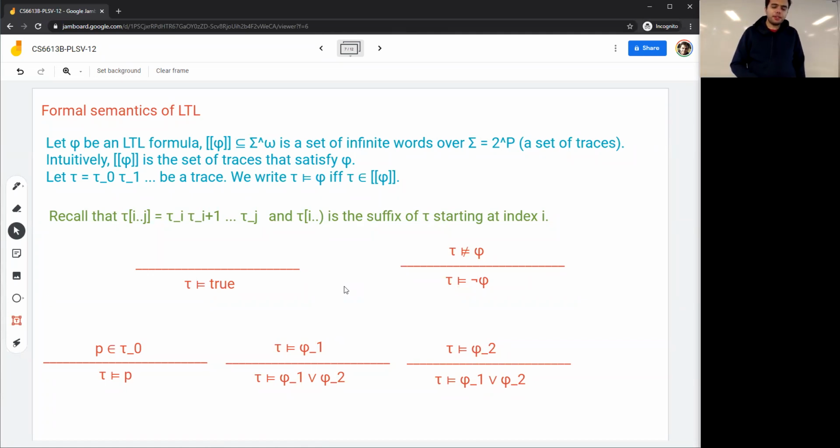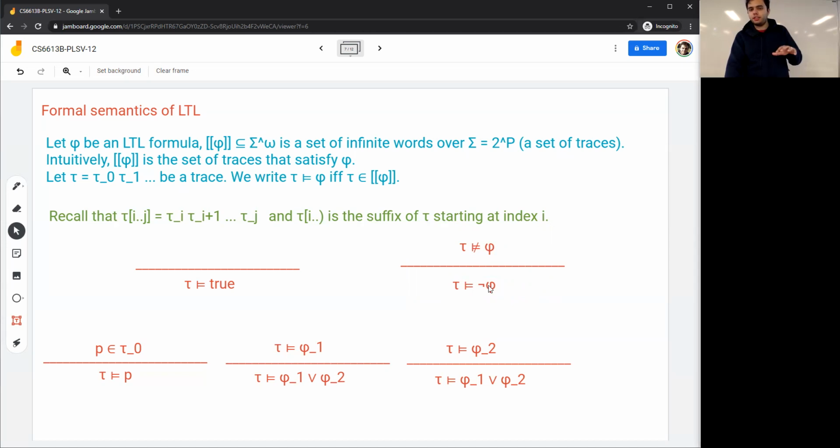But there's something that I have to say about these rules: they are reversible. They're two-sided, so they're if and only if rules. I can swap the two sides, and that's also a valid rule. So it's not just that if tau does not satisfy phi, then tau satisfies negation of phi.